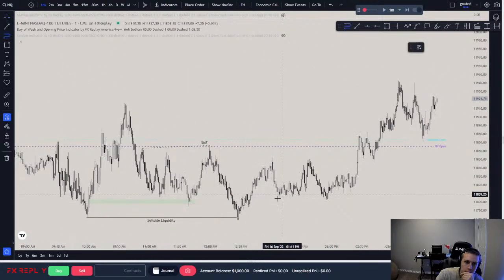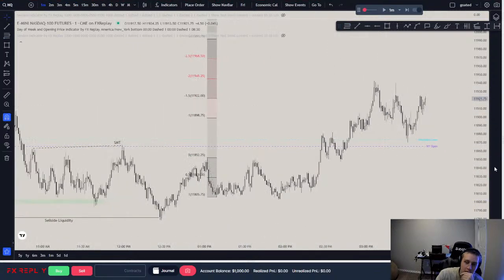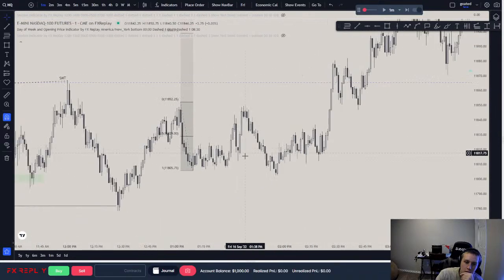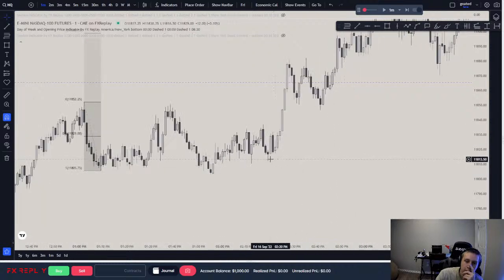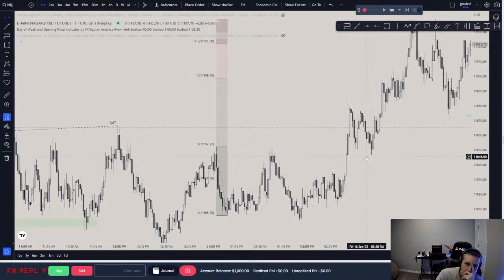First retracement, maybe? Ah, we got close to that. Do we have a 2 p.m. silver bullet? Yep, right here.